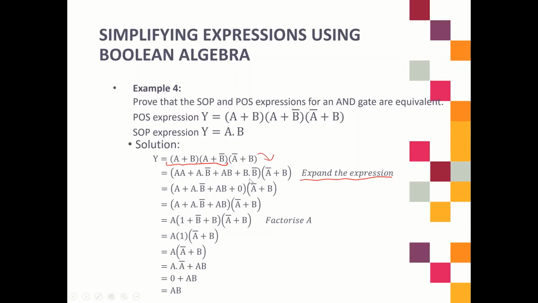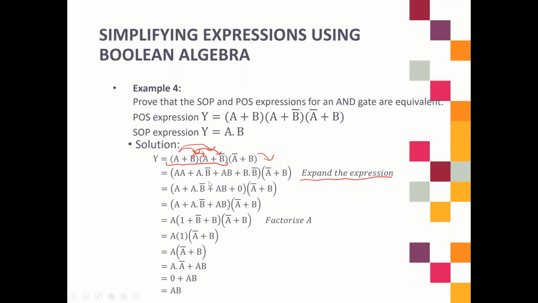So you will get this expression: a and a, plus a and b bar, plus a and b, plus b and b bar. You need to multiply each variable by each variable, so that's why you have these terms.